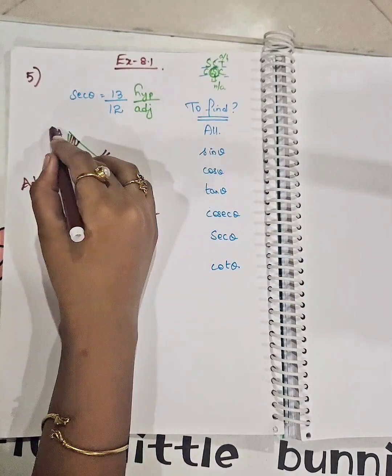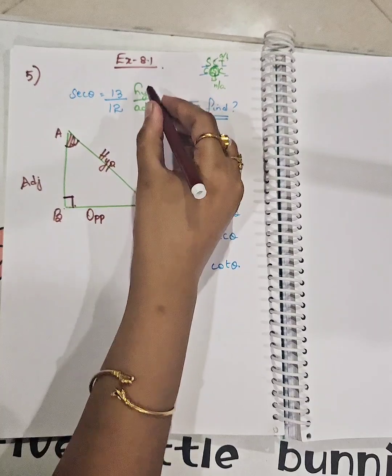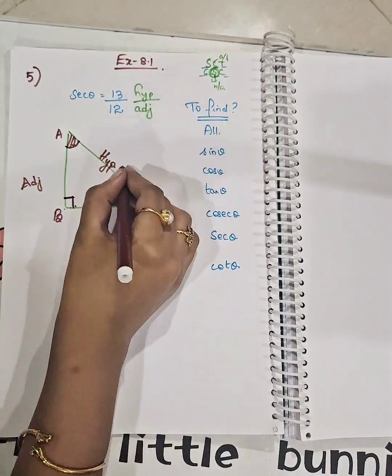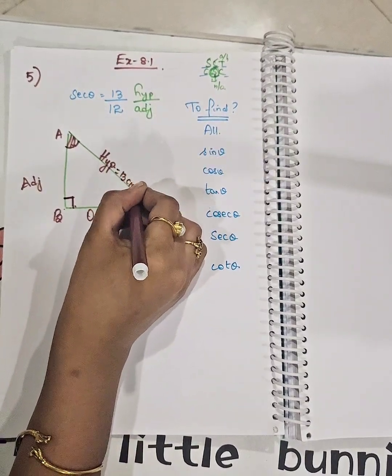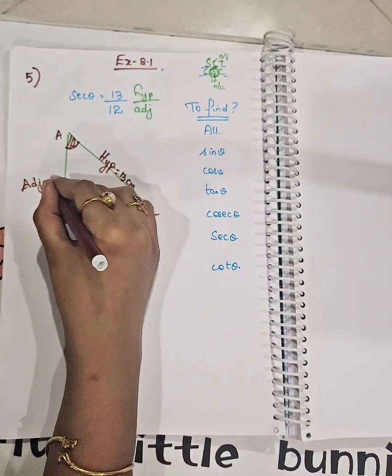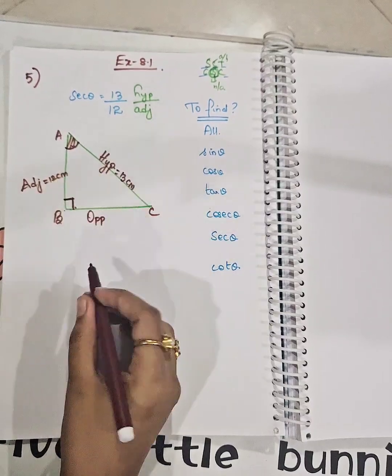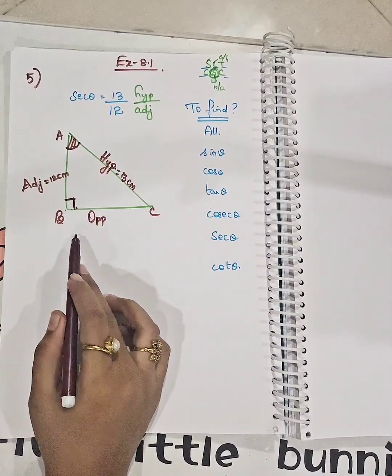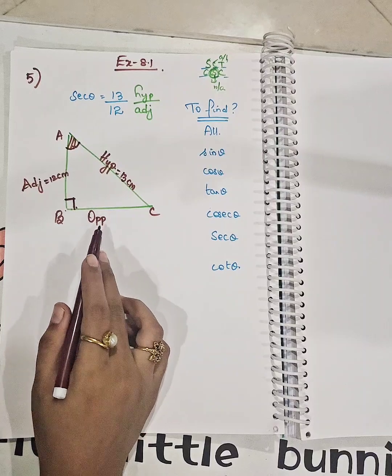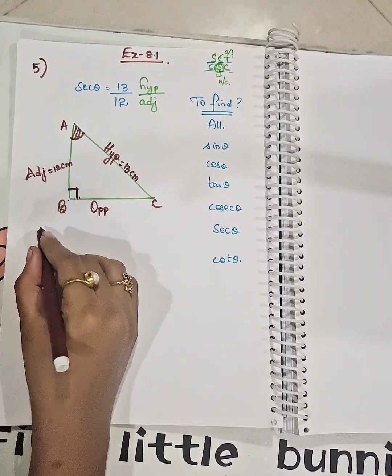So from the given, let us derive the two values which are given. That is nothing but hypotenuse, which is 13 centimeter, and adjacent, which is 12 centimeters. So what do we need to find in this? Opposite side. Okay. So by which theorem?